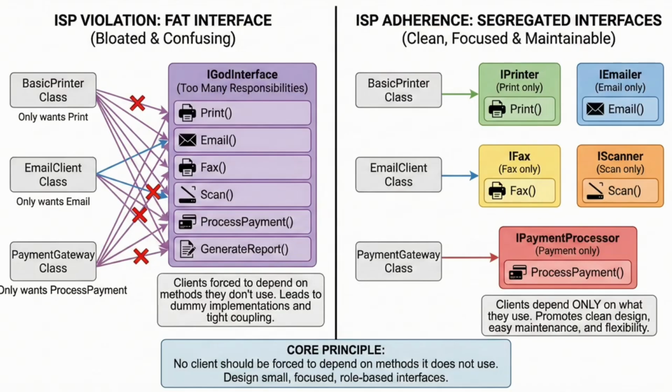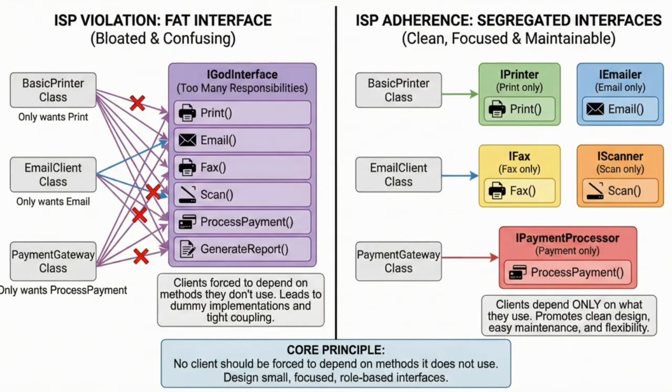Violating ISP leads to bloated and confusing interfaces, classes implementing unnecessary methods, more bugs when interfaces change, tight coupling, and fragile designs. But when we follow ISP, our code becomes more predictable, more stable, easier to maintain, and safer to extend. Developers can build only what is needed without being forced to depend on extra, irrelevant functionality. This leads to cleaner design, better architecture, and truly professional quality software.